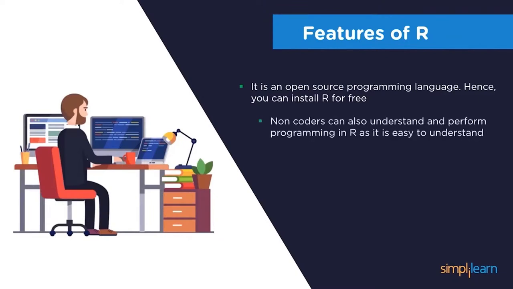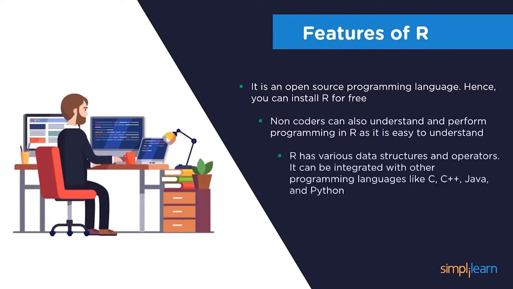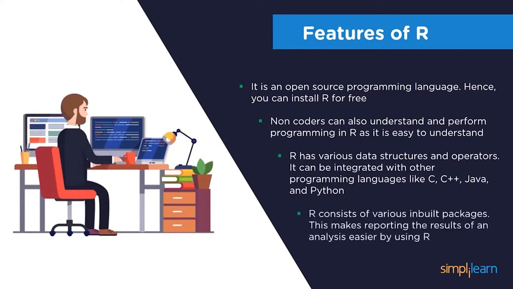Non-coders can also understand and perform programming in R as it is easy to understand, and it has various data structures and operators. It can be integrated with other programming languages like C, C++, Java, and Python. It consists of various inbuilt packages and a lot of sample data sets which can be used, and that makes reporting the results of an analysis easier by using R.